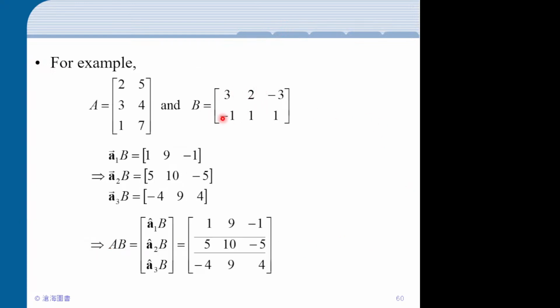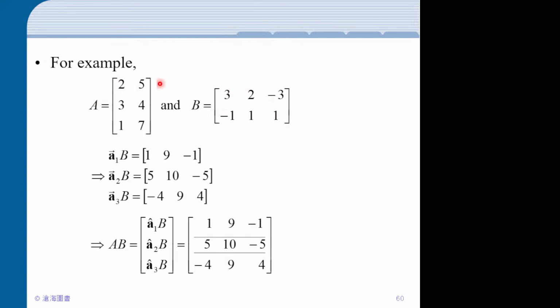Let's see another example. This is an example where we don't partition B in any way, but we partition A into columns, and then we can multiply each column independently. So AB can also be partitioned into columns, and the first column corresponds to the first column of A. So this will be basically a linear combination of the columns of B. So this column should be twice this column plus 5 times this column.